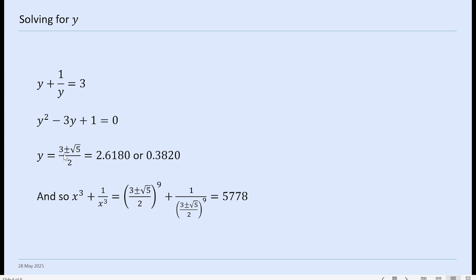You get 3 plus or minus root 5 over 2, which is, if you plus, 2.6180. If you take it away, it's 0.3820. And so for the answer, x cubed plus 1 over x cubed, you've got to take this to the power 9 and this to the power 9.